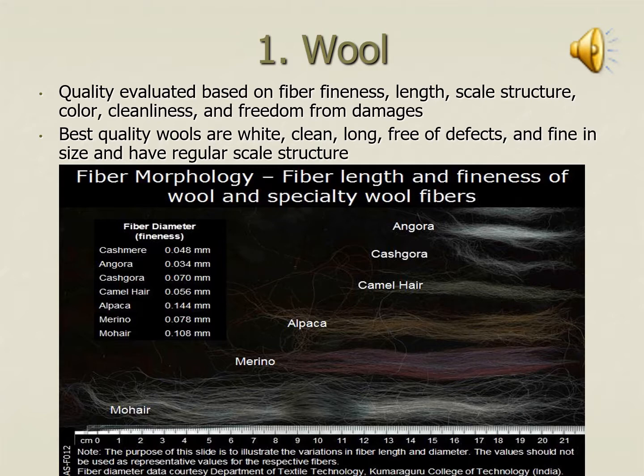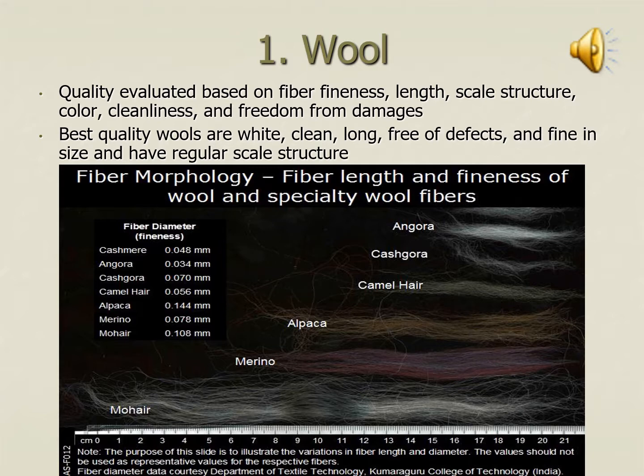The quality of the wool fiber is evaluated based on the fineness of the fiber, the length, the scale structure, the color, and the cleanliness, and basically the freedom from any damage. And this is true for most other fibers in addition to wool.